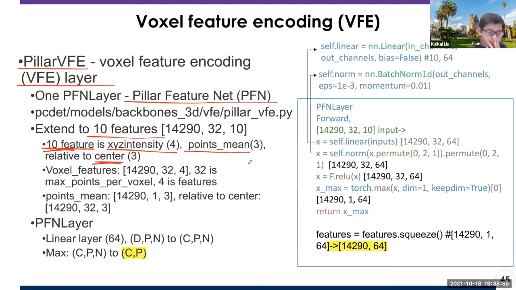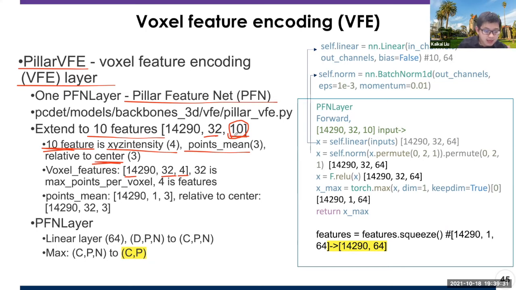So the original voxel feature is around 14K, 32 times 4. Now it becomes 32 times 10. The 10 is the extended feature, adding relative distance to the pillar mean and the pillar center.